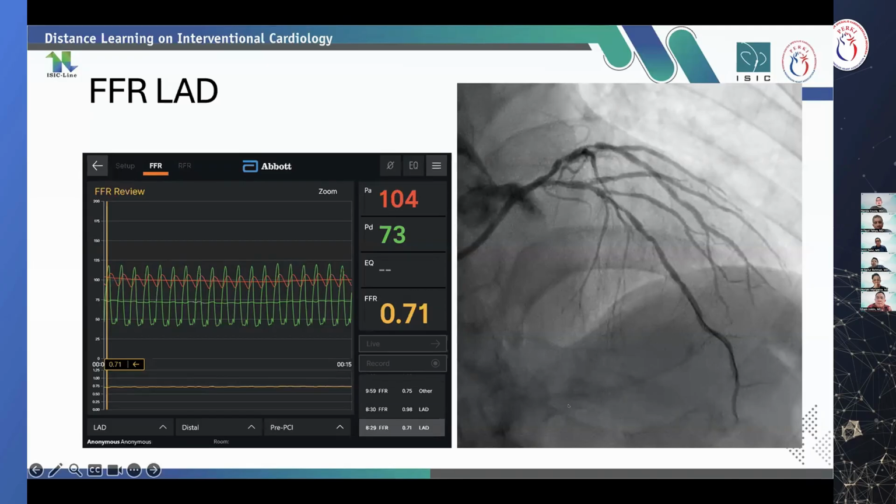Yeah, I think it's very debatable, Dr. Fauzi, because in this kind of patients with significant symptoms, I think I will treat these patients with a diffuse disease, and we still have some good landing zone in the distal. So in case the patient needs CABG later in life, maybe the patient still has a chance for CABG in case of ISR or whatever it is in the future.